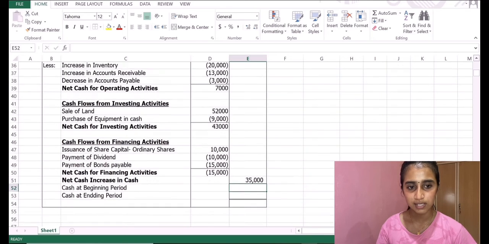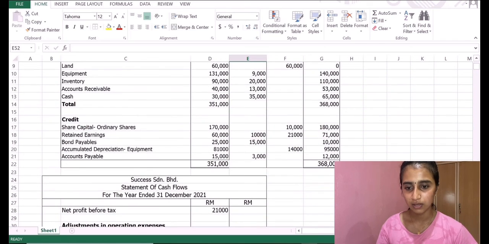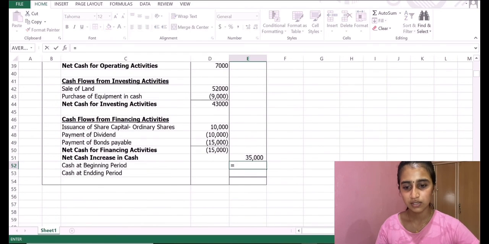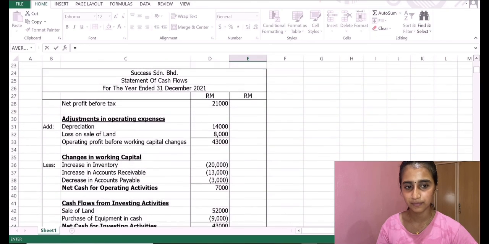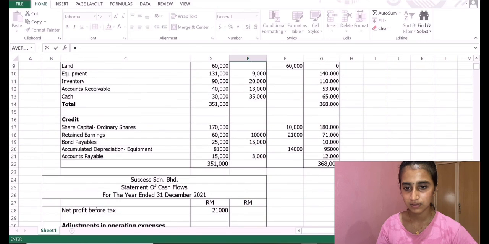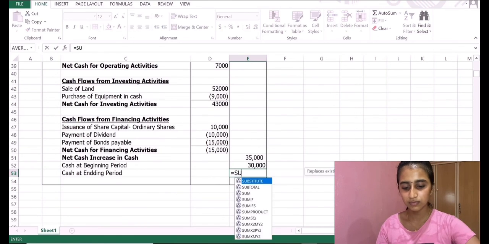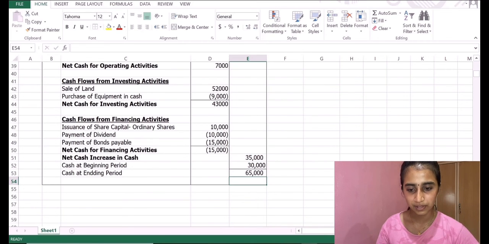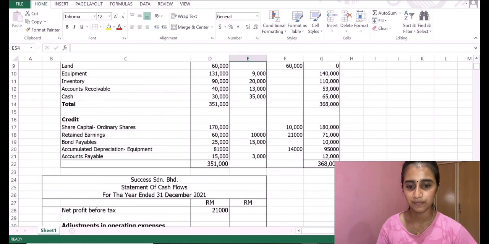This amount must be the same as the amount over here, 35,000. Then for the beginning period, we take from the worksheet, 30,000. For cash at the ending period, if we sum up both, we get 65,000, which is the same as the balance at 2021. That's all. Thank you.